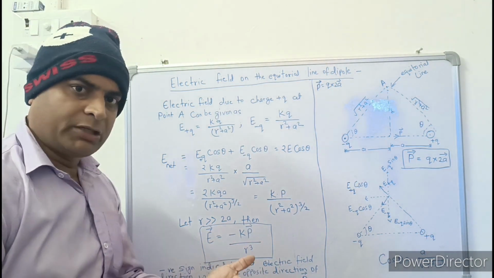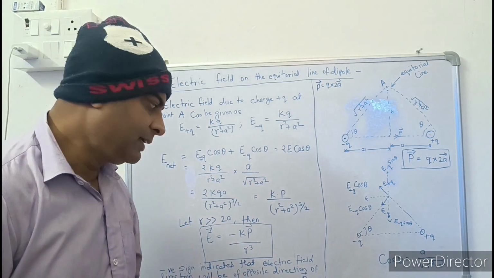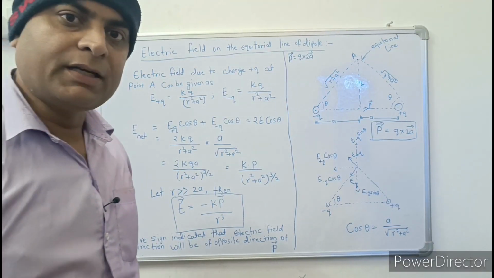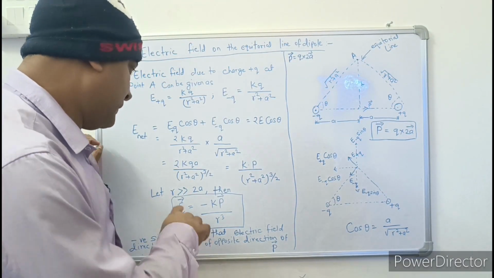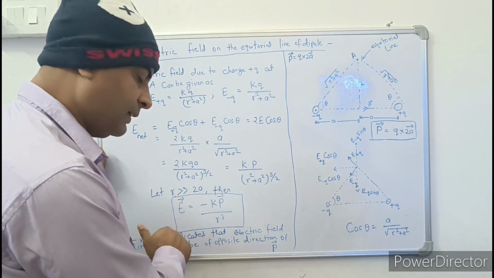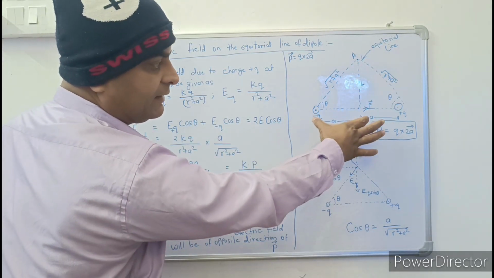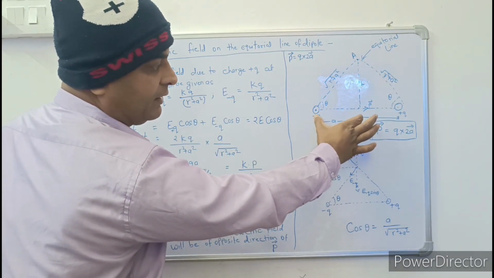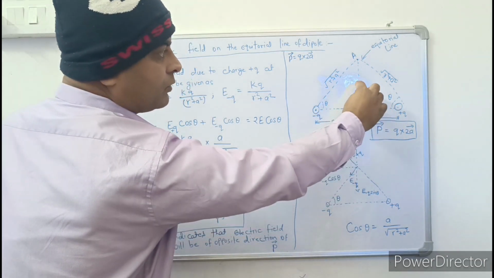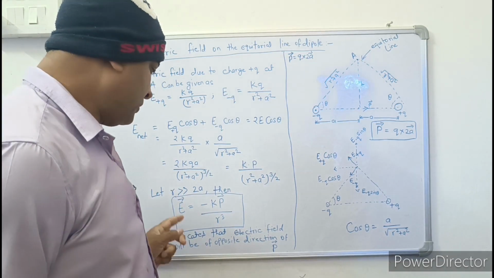Now, as we have discussed in the dipole axis derivation as well, R here is much greater than the distance between these two charges, 2A. So R is much greater than 2A. What will happen?